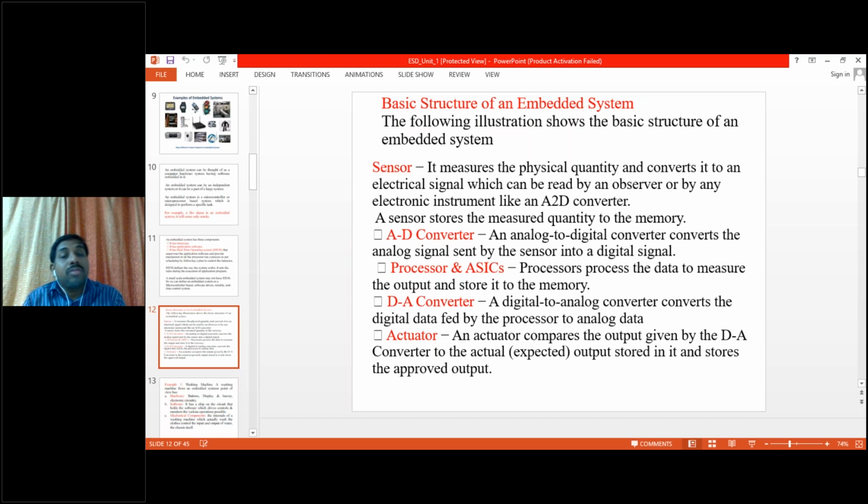This A to D converter is going to convert your input given by the sensor into a digital signal. The input from the sensor is an electrical analog signal that is digitized and given to the processor. The processor will store it in the memory. Then once it initiates the process of logic of the embedded system, it takes this data as the input.